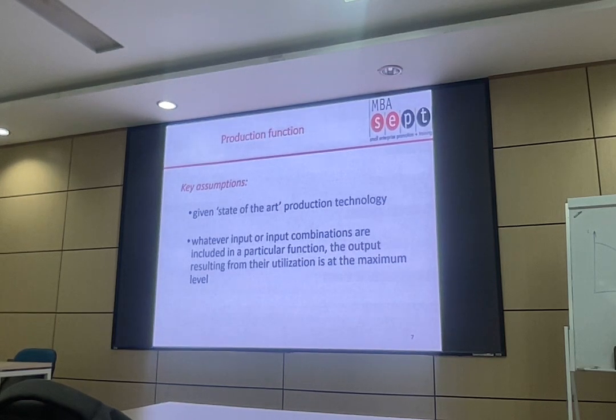That is the production possibility frontier, and we have some points like A, B, C. The production function shows the maximum quantity that can be created by a firm if the inputs are in full employment.